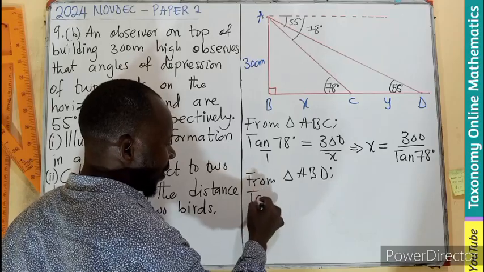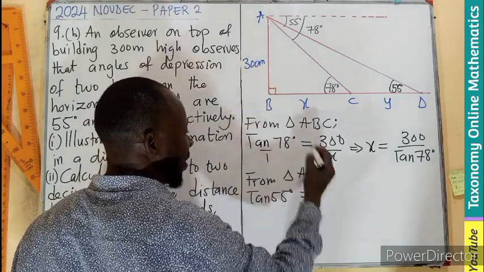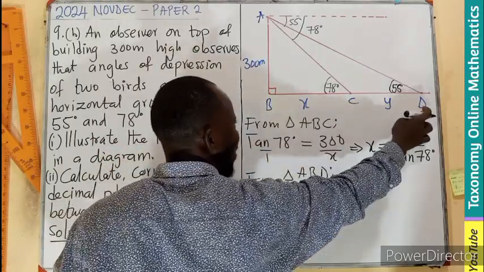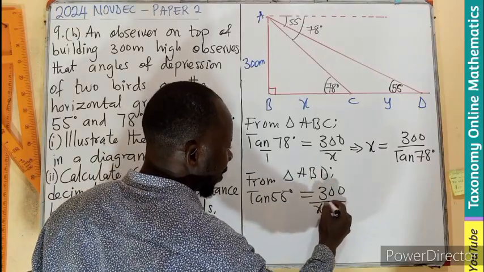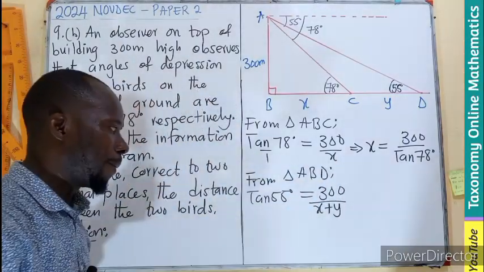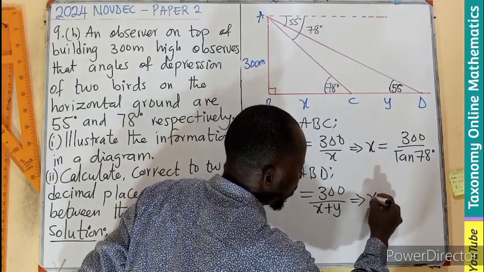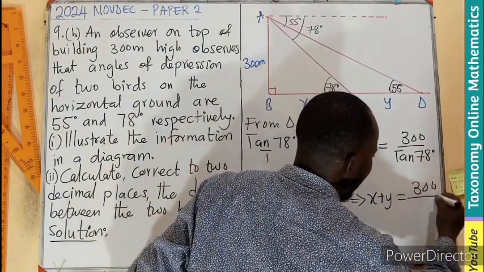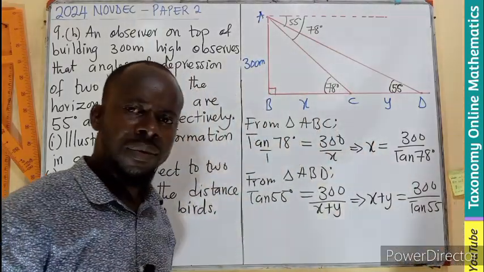Still using the opposite angle here, I'll have tan 55 degrees equals the opposite side 300 divided by the adjacent, which is spanning from B all the way to D, so x plus y. This will also imply that x plus y equals 300 divided by tan 55.